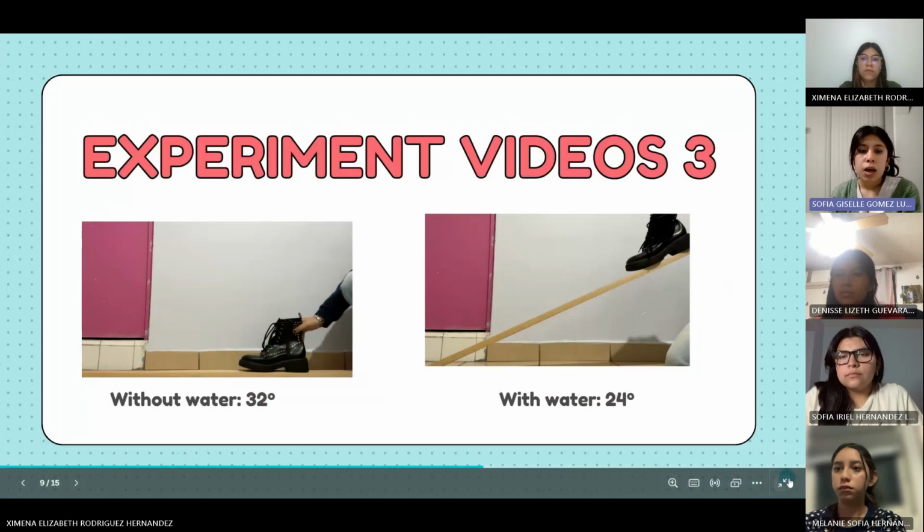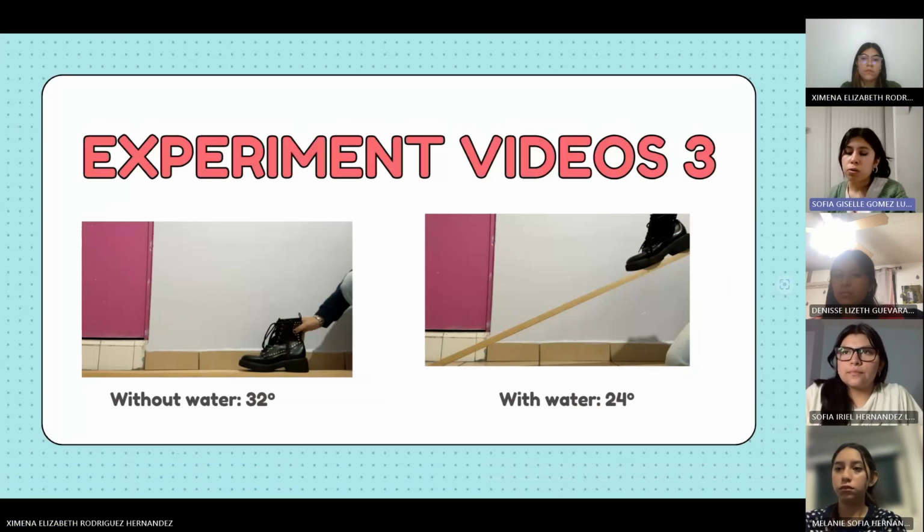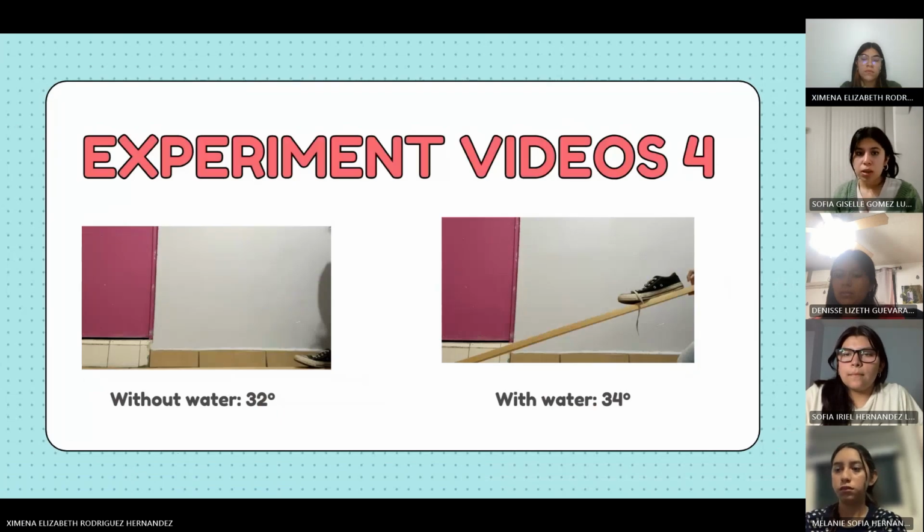The third one is normal boots: on the surface without water it slides at 32 degrees, and with water at 24 degrees. Lastly, for the fourth experiment, on the dry surface we have a Converse that slides at 32 degrees, and on a wet surface at 34.